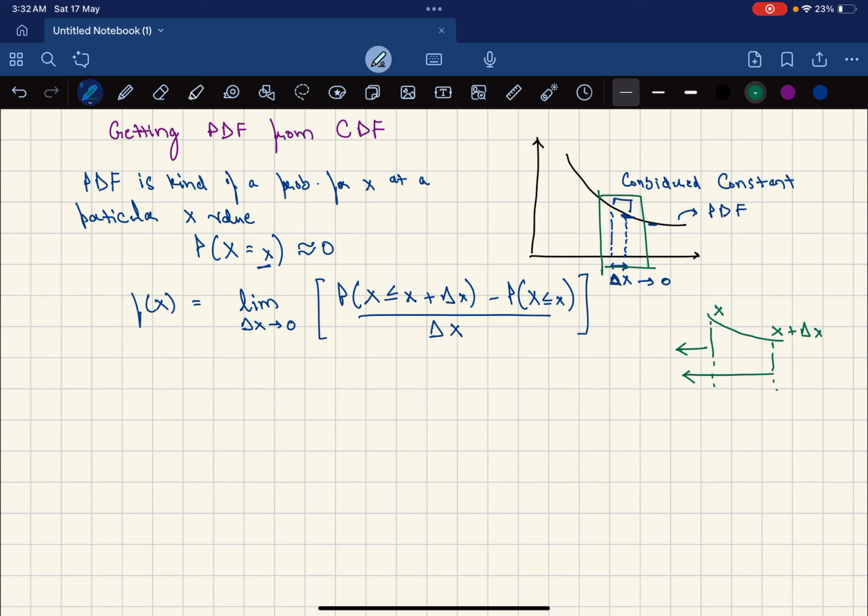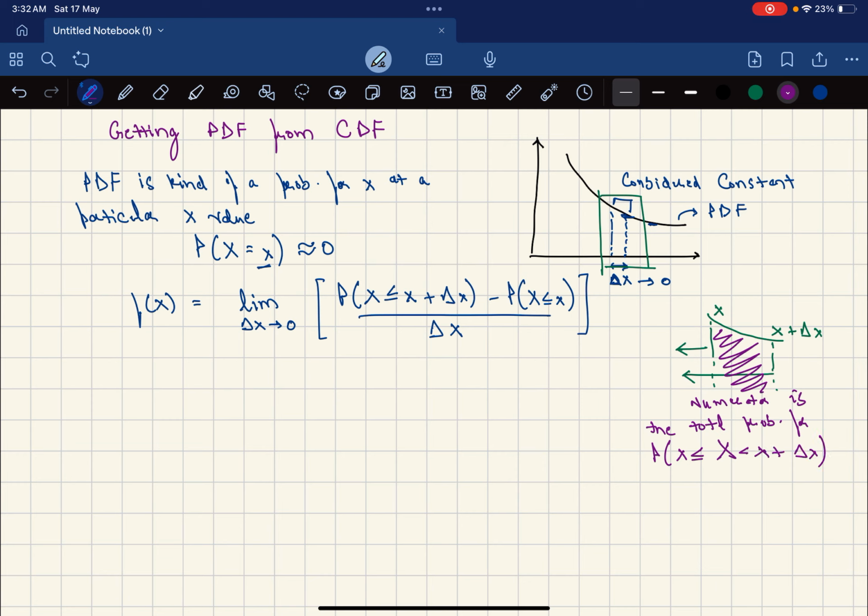Now when we subtract them, we get the probability in this particular region, which is the required probability here, and therefore the numerator is the total probability for P(X less than or equal to x plus delta x).